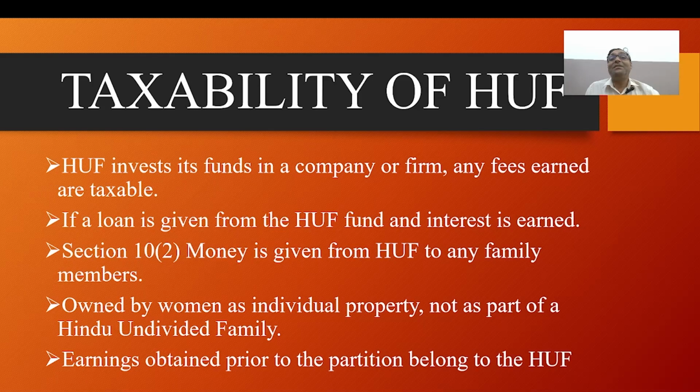It is not considered taxable as part of Hindu undivided family income. Earnings obtained prior belong to the Hindu undivided family, while earnings obtained after belong to the individual who is a partner.